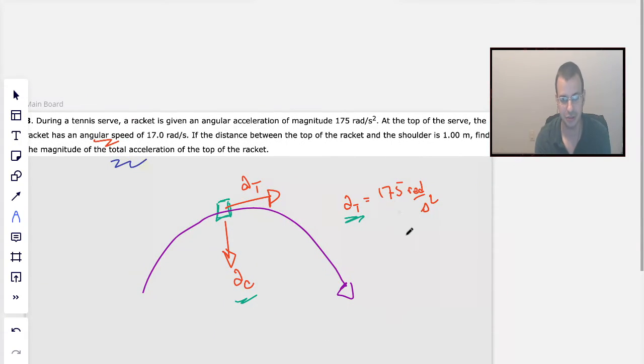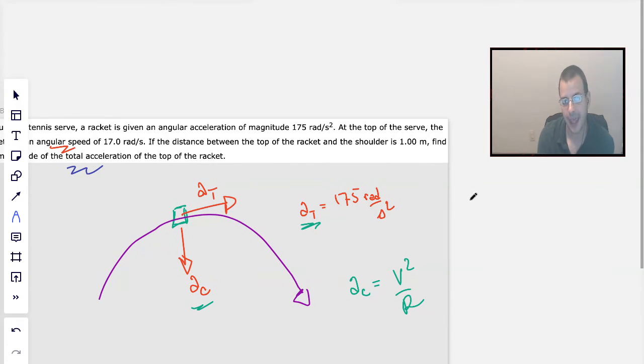So we have centripetal acceleration, which is a with a little c below it. The subscript just tells me that it's centripetal. So we're going to have v squared over r, where r is the radius, the length of the arm. Now we want a relationship between linear and angular. Whenever you have something that's not slipping, so these are moving together, it's the same as if it was rolling without slipping, which is kind of a key phrase you see.